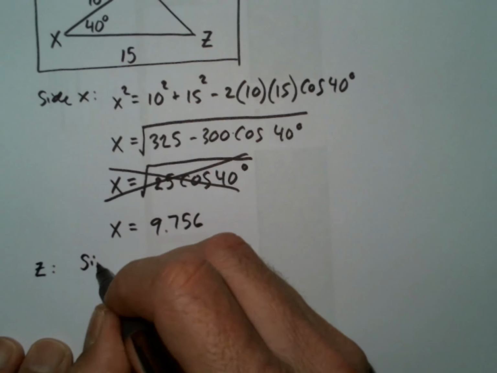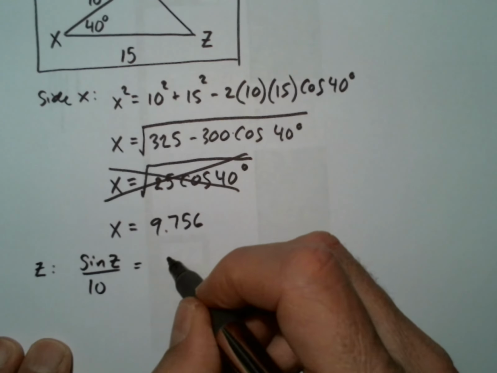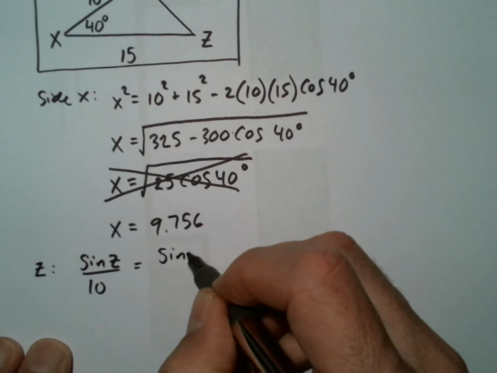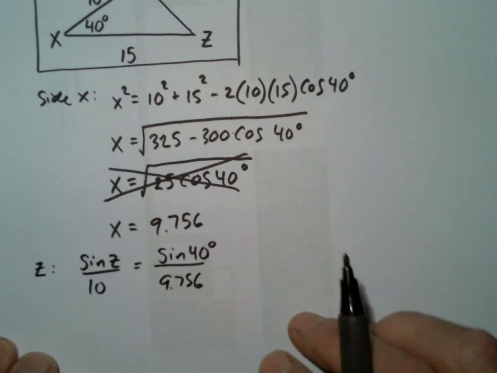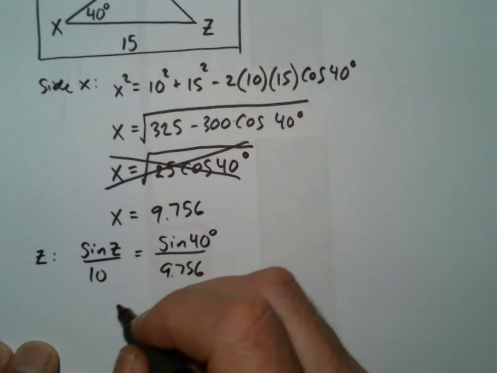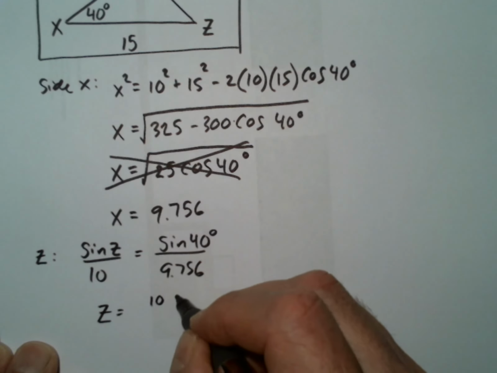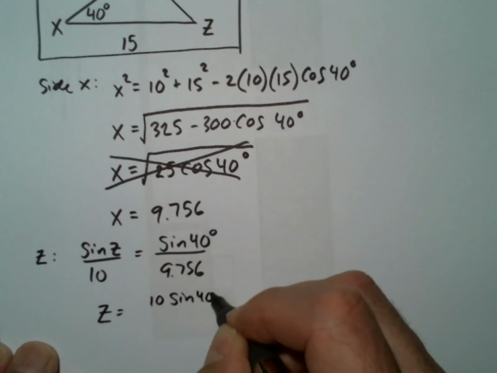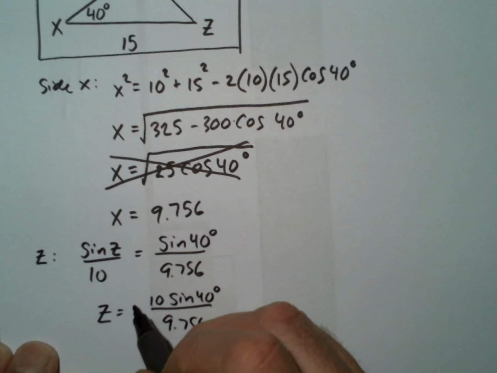Sine Z over 10 equals sine 40 over 9.756. We're going to multiply by 10, and then we have to do inverse sine.